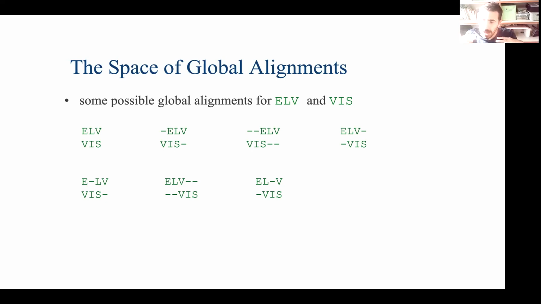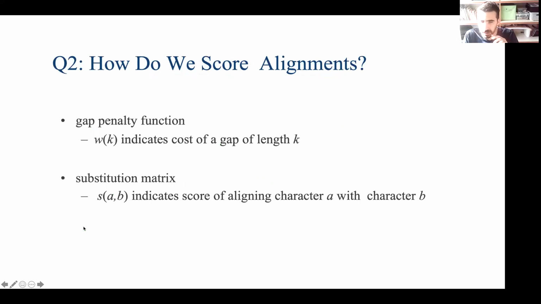So what do we do with these alignments? First, we have to score them, right? Out of these possible alignments, which one is the best one? So that's why we have to find a way to score them. There are two things that we have to consider.